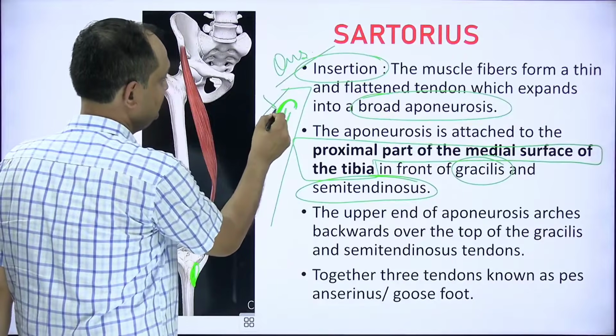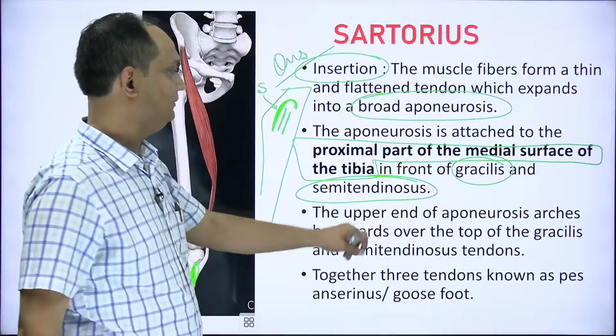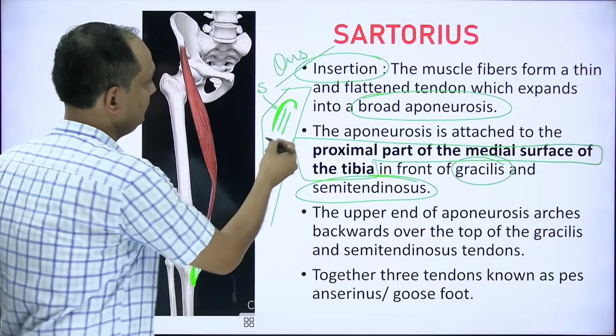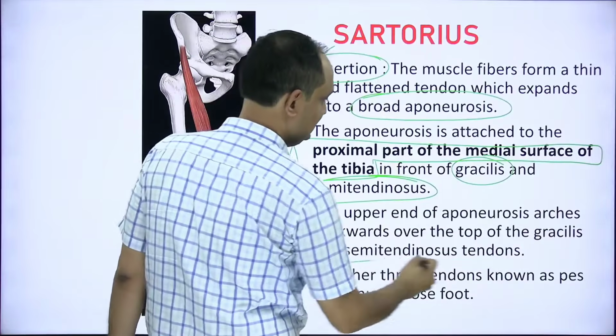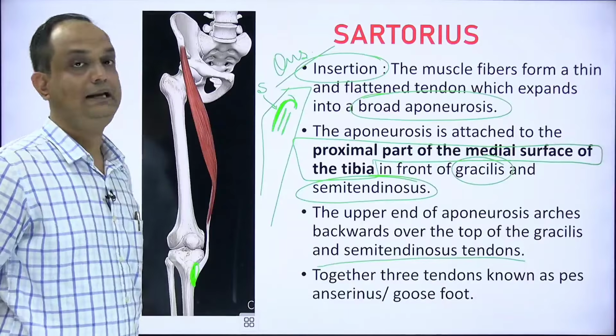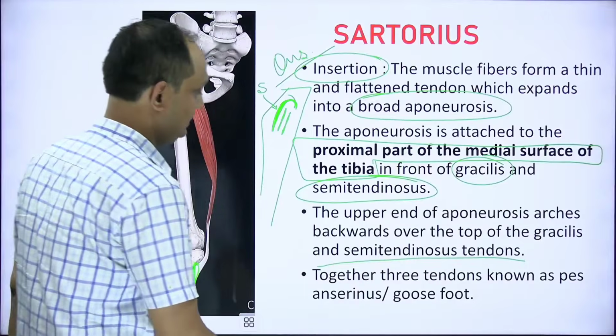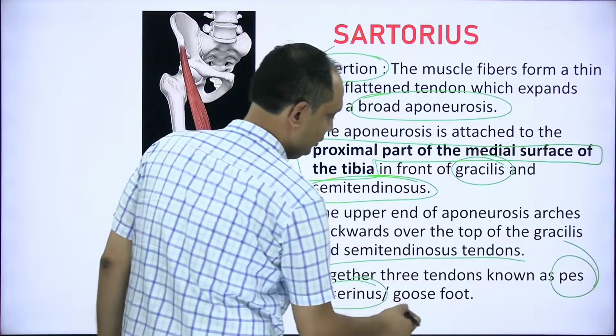The most superficial insertion is the sartorius. The upper end of the aponeurosis arches backward. You can see that it arches backward over the top of the gracilis and semitendinosus. So, together the 3 muscles or the 3 tendons are known as pes anserinus or goose foot.